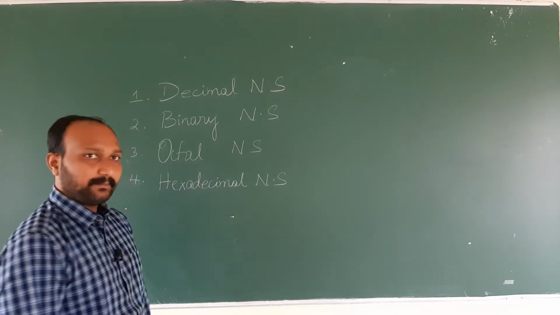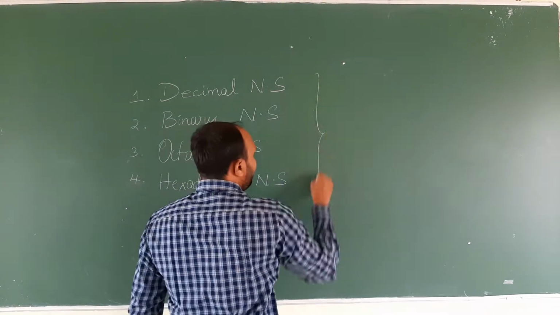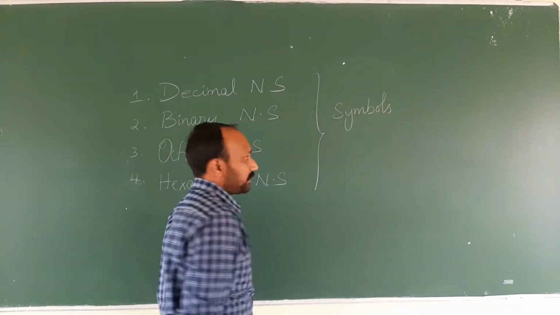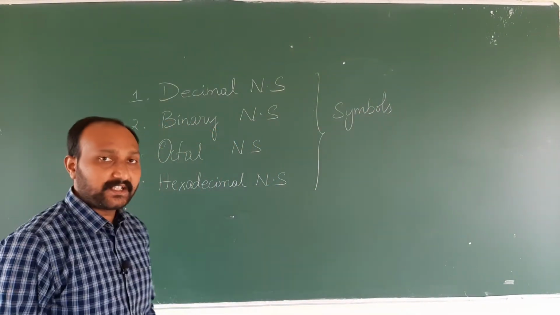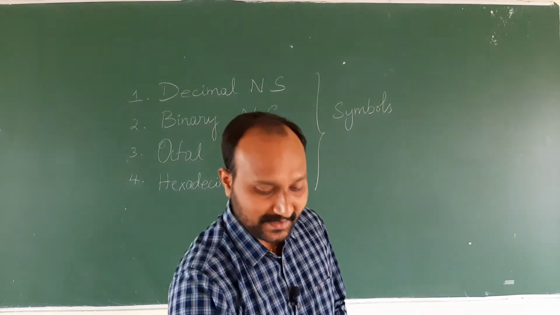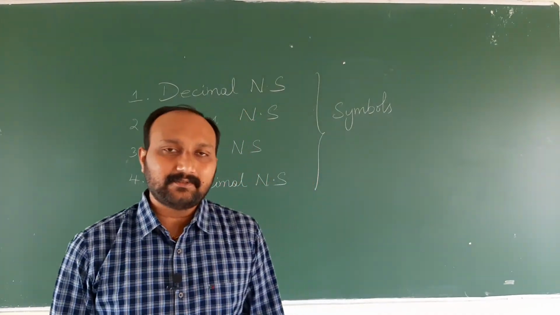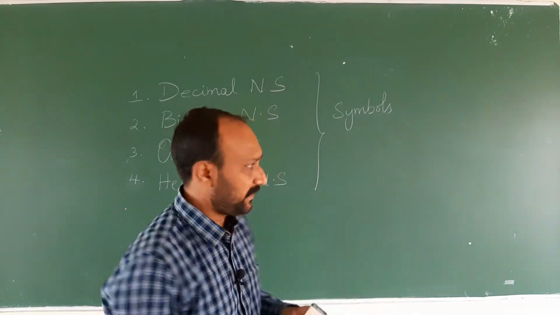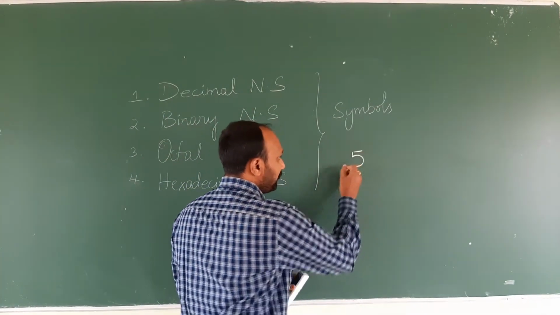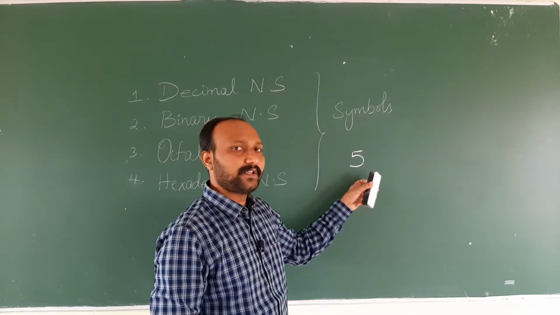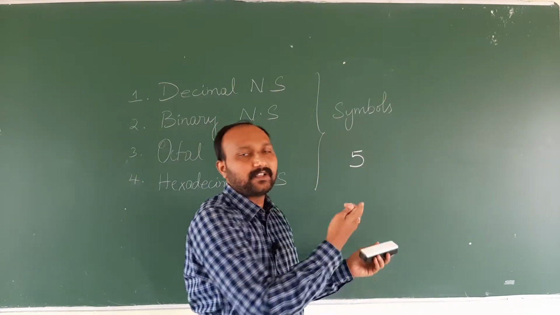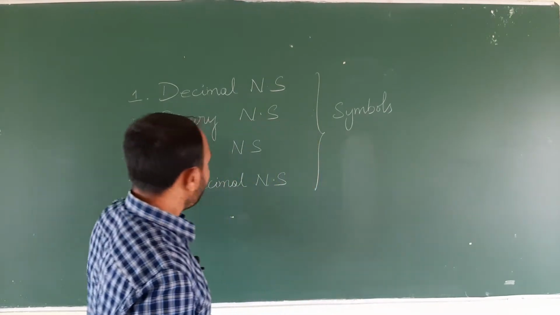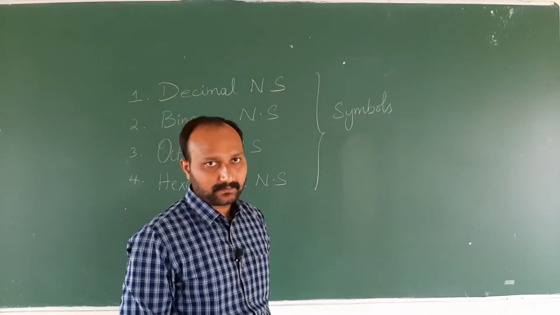For all these number systems, we will be considering symbols. I already told you what a number is. A number is nothing but a symbol having predefined meaning. We will be using certain symbols, and these symbols will have certain face values. For example, this is one symbol. What is the face value of this symbol? What is the predefined value of this particular symbol? We call it 5. So, in all these number systems, we will be using certain symbols.